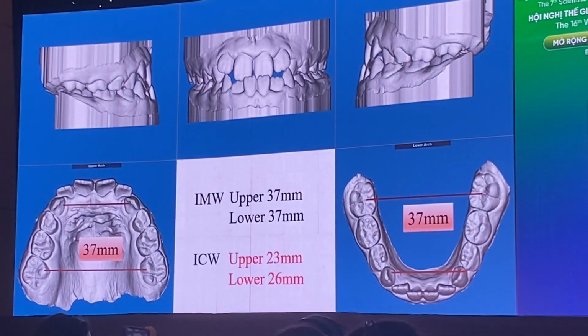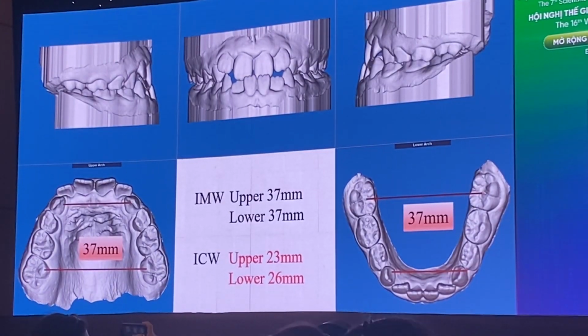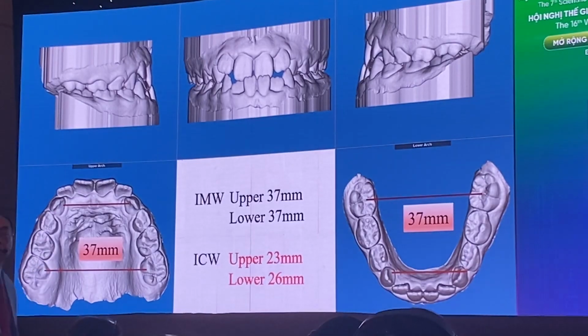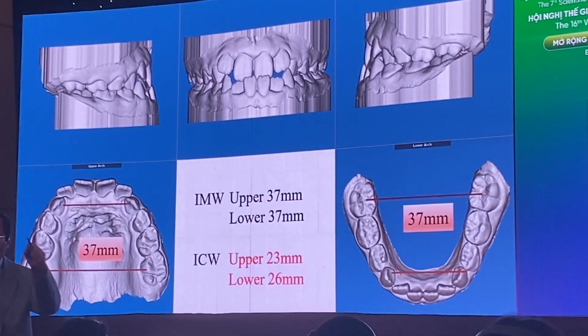And also, if you do an intraoral scan, all right? Then you can check if the width in the anterior and the posterior match or not. That means intermolar and intercanine.